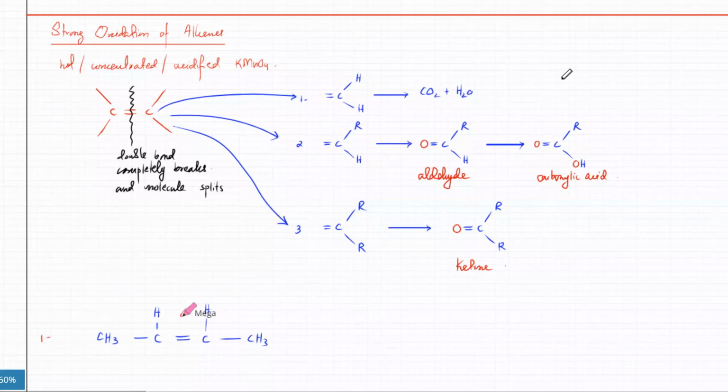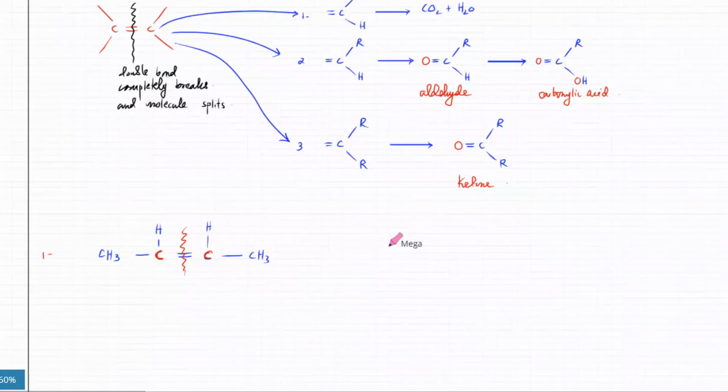The double bond is going to completely break. And remember, the focus is on these two carbon atoms. What will happen to these two carbon atoms? Nothing should happen to the rest of the molecule. The CH3 should remain exactly as it is. So the molecule is split into two pieces.